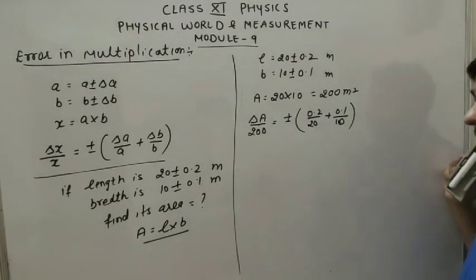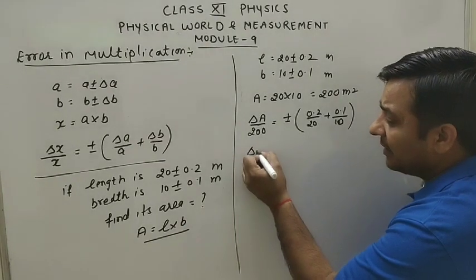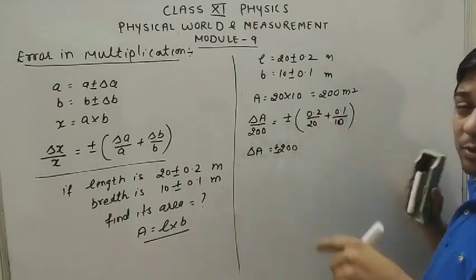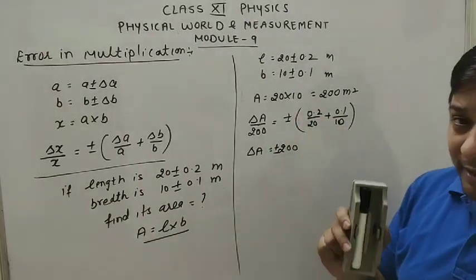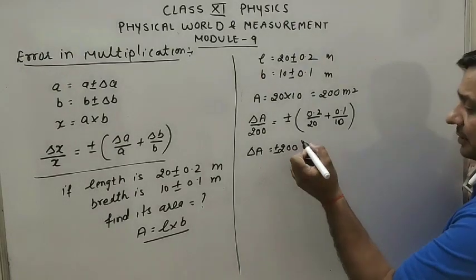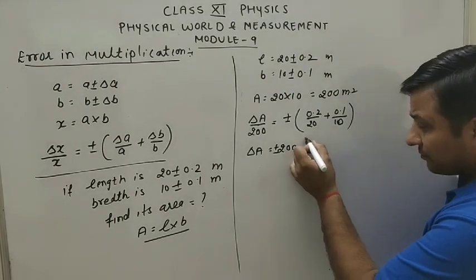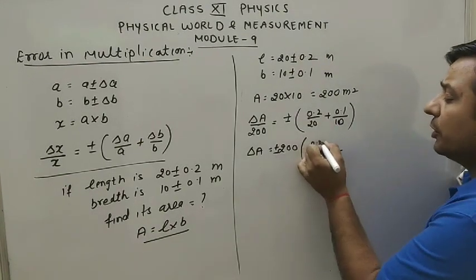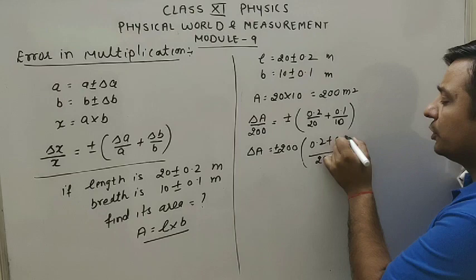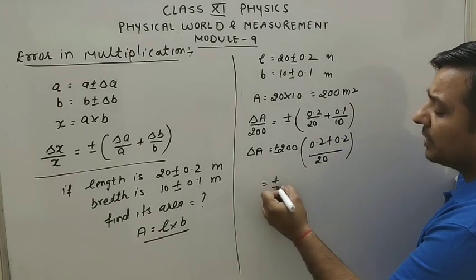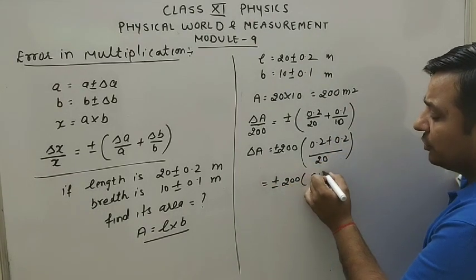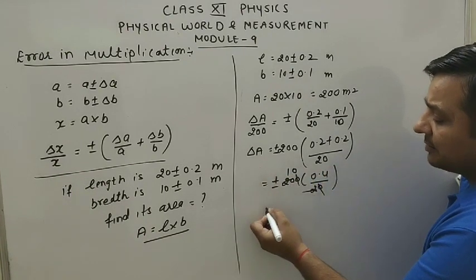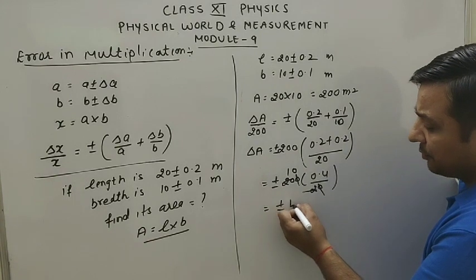So we will find out delta A, that is equal to 200 plus minus, because by cross multiply it will go in the multiplication. So here, by taking the LCM, that is 20, 0.2, 10 to the 0.2, and that is equal to plus minus 200, 0.4 by 20, that is 10, that is plus minus 4.